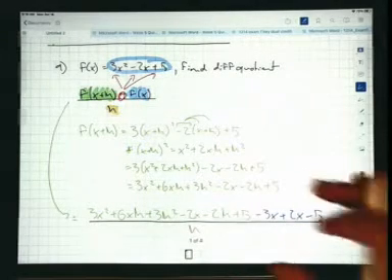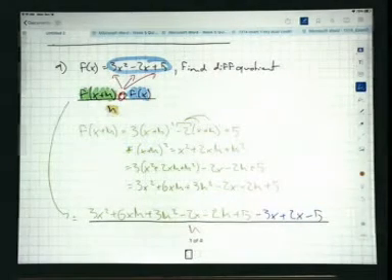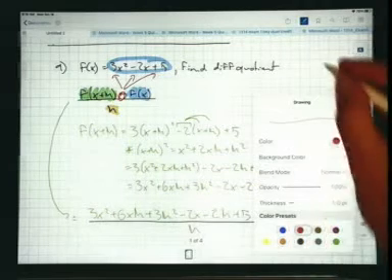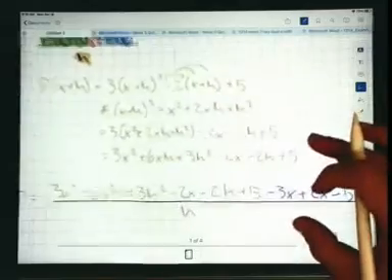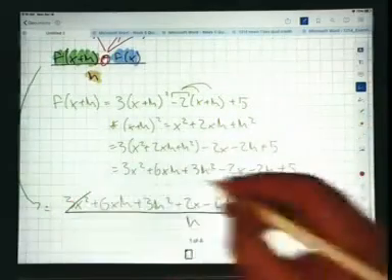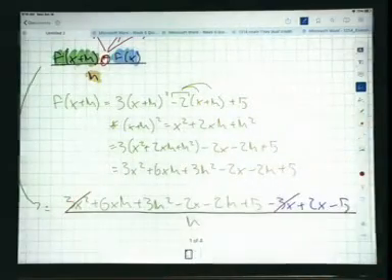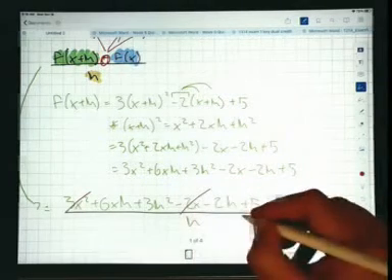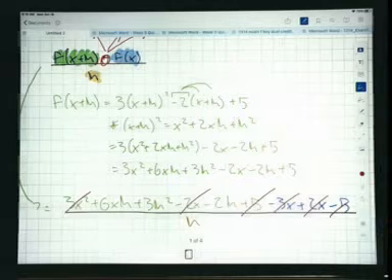At this point, stuff starts happening. First of all, things start canceling out. The 3x squared cancels out with the negative 3x squared. The negative 2x cancels out with the positive 2x, and the positive 5 cancels out with the negative 5.